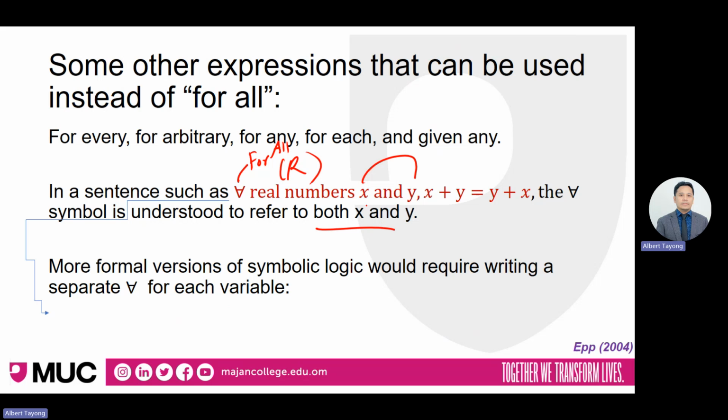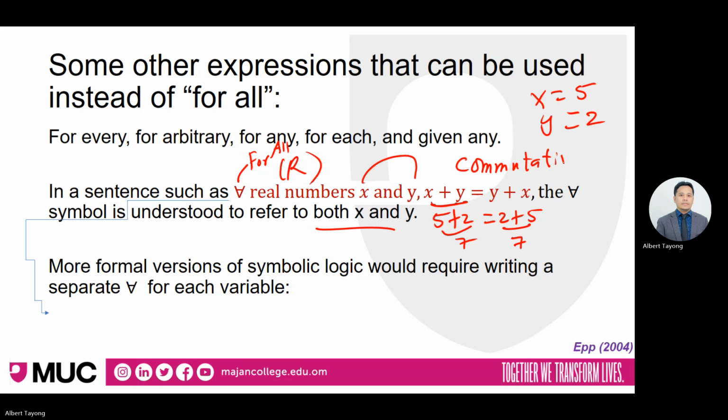The first real number is X, the second real number is Y. For example, X is 5, Y is 2. It's correct actually when we have 5 plus 2 is equal to 2 plus 5, because this is 7, this is 7. So this talks about the commutative law of addition. When we change the order, it does not change the answer.